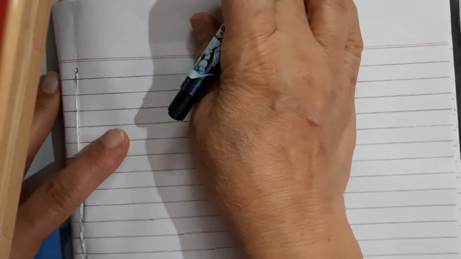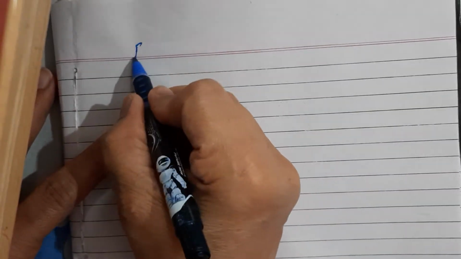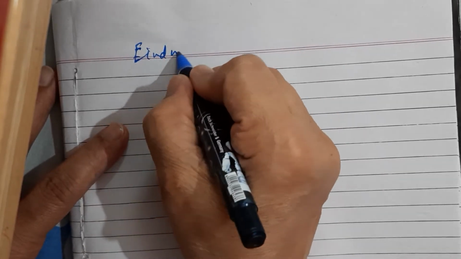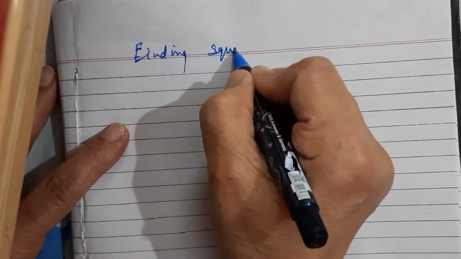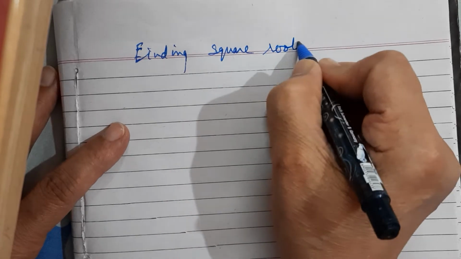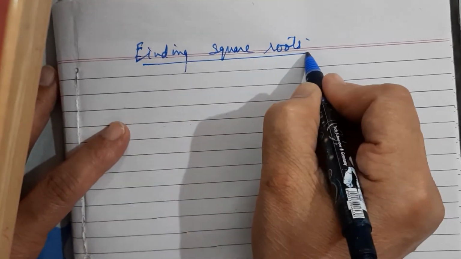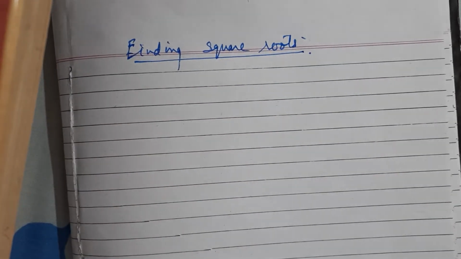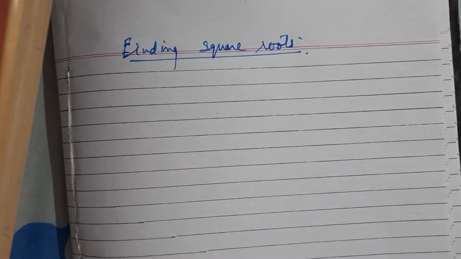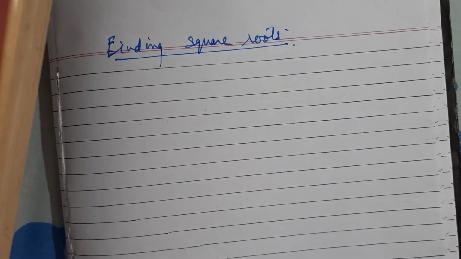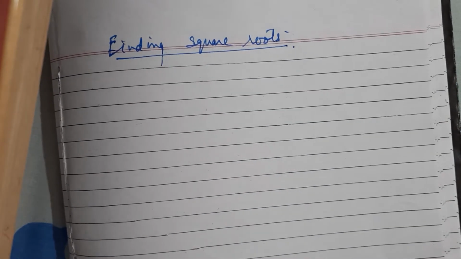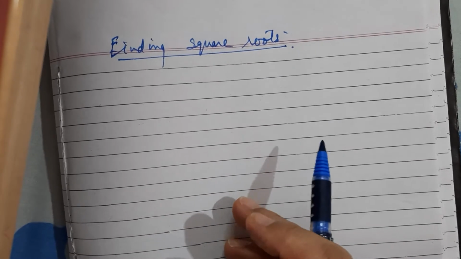Now we'll study how to find square roots. So children, as we know that addition is the opposite of subtraction, multiplication is the opposite of division.